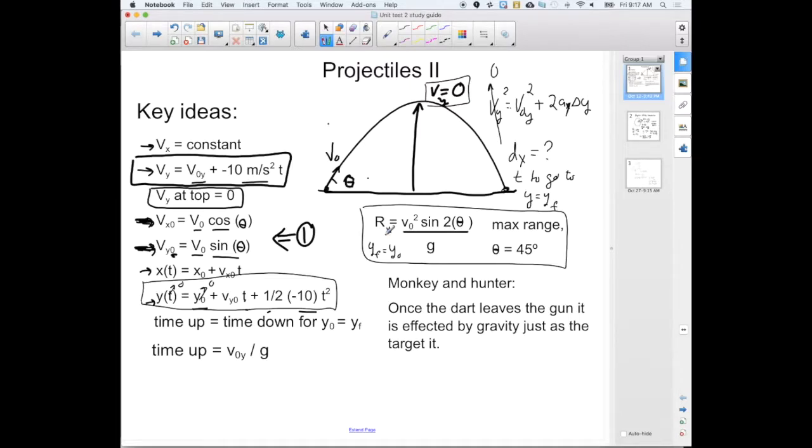The maximum range is at theta equals 45 degrees, obviously because sine of 2 theta would be sine of 90. Sine of 90 is 1, and therefore that tells us the maximum range. So let me move quickly.